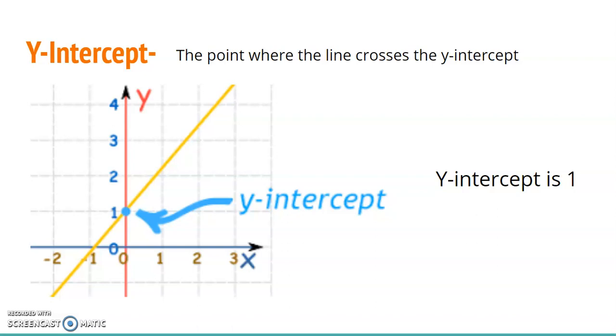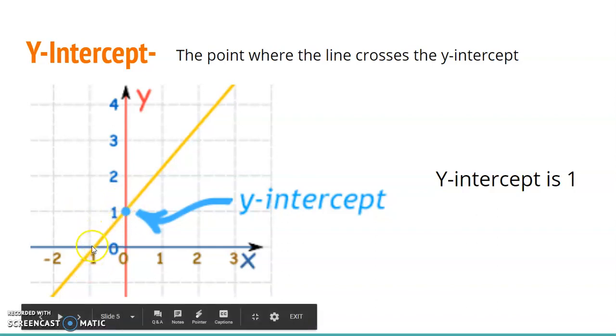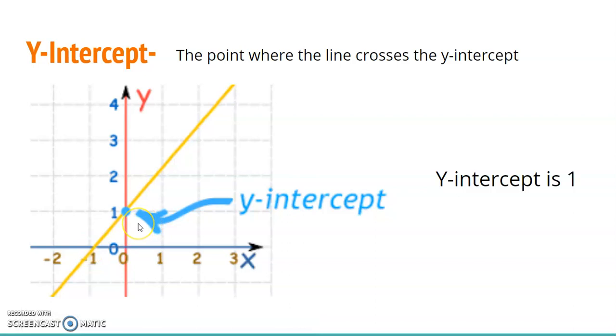Why? It needs to cross on the y-axis. It's not where the line crosses on the x-axis. A lot of people get that mixed up. So look at the y. This y-intercept is going to be the number 1. That is because our line crosses at 1 on the y-axis.